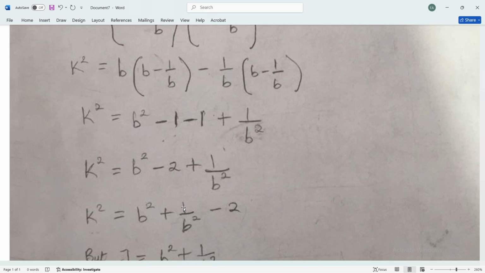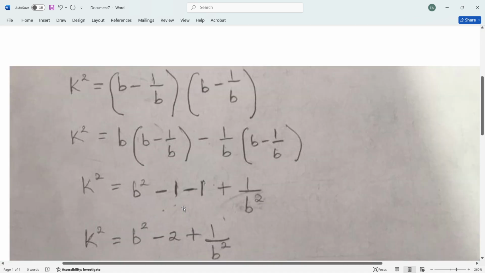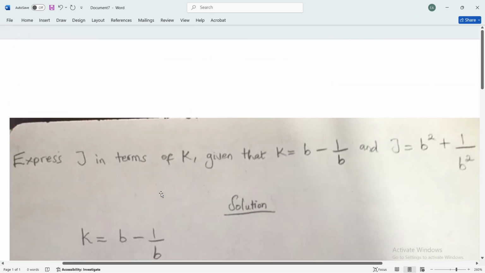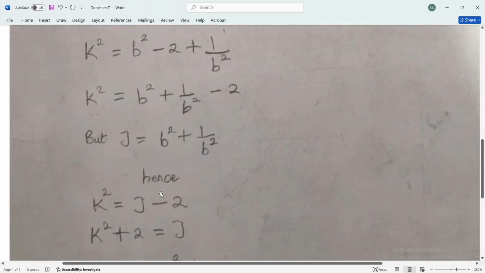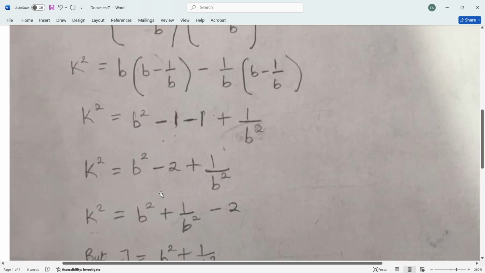If you could recall, we were given our j, let's go back, we were given our j to be b squared plus the fraction 1 over b squared, right?